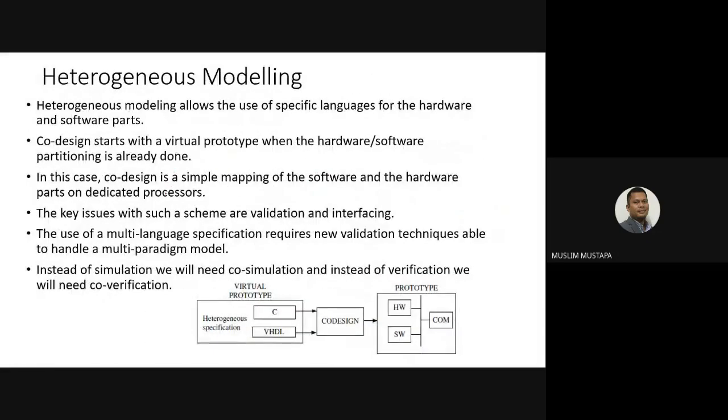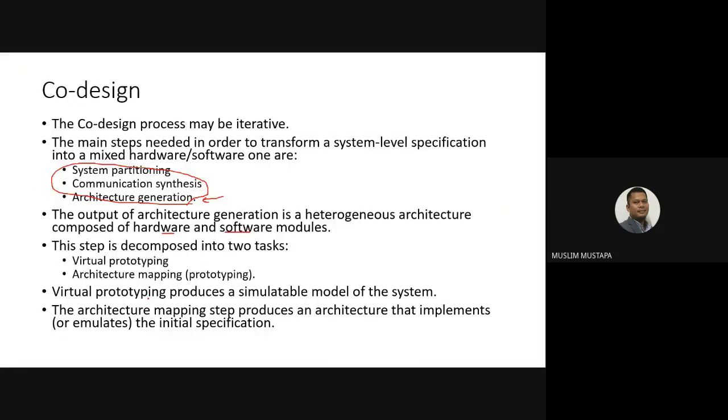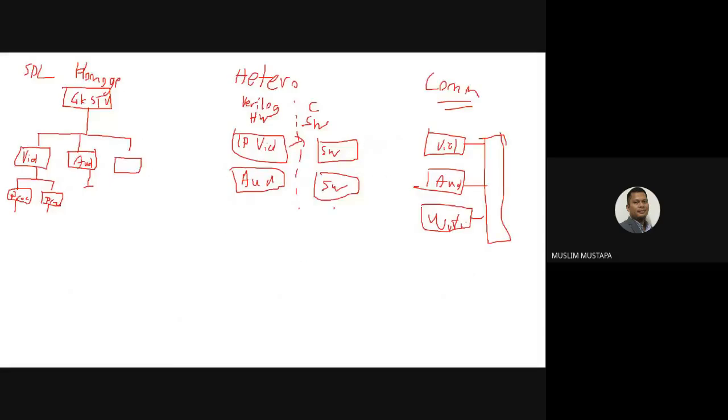Right. So the use of multi-language specs requires new validation techniques. Okay? Instead of simulation, we need co-simulation. Instead of verification, we need co-verification. Okay, that means instead of trying to simulate the whole thing when it's completed, every time you have a small connection, you start to validate it.